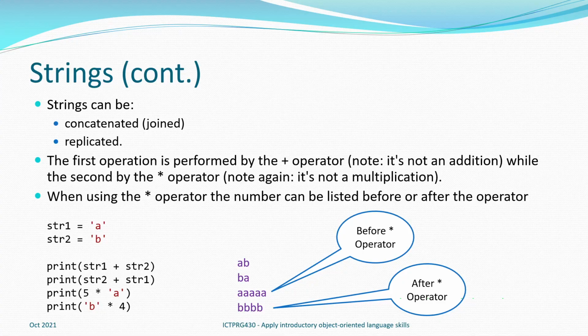Now, when you're doing the replicate function, it doesn't matter which order they're in, whether it's the string and then the number of times you want to have it replicated, or vice versa.